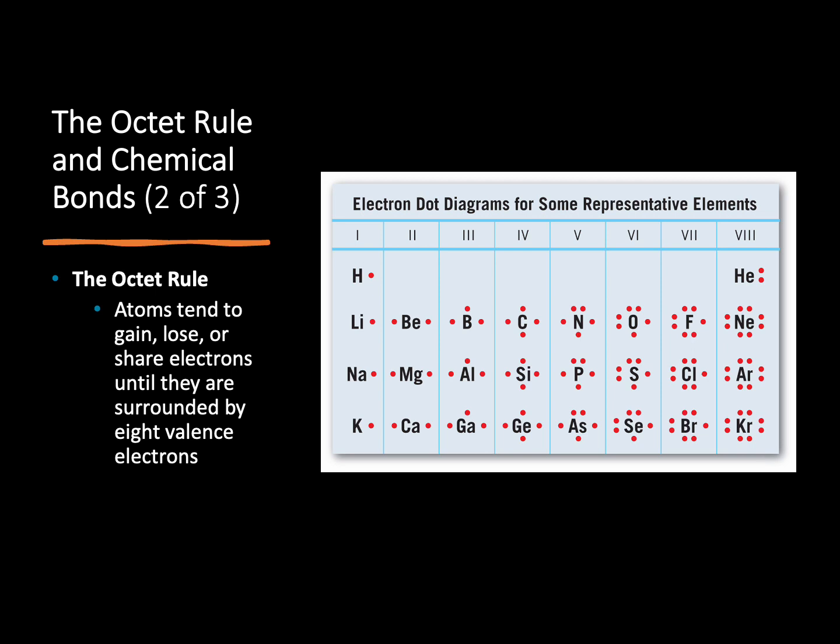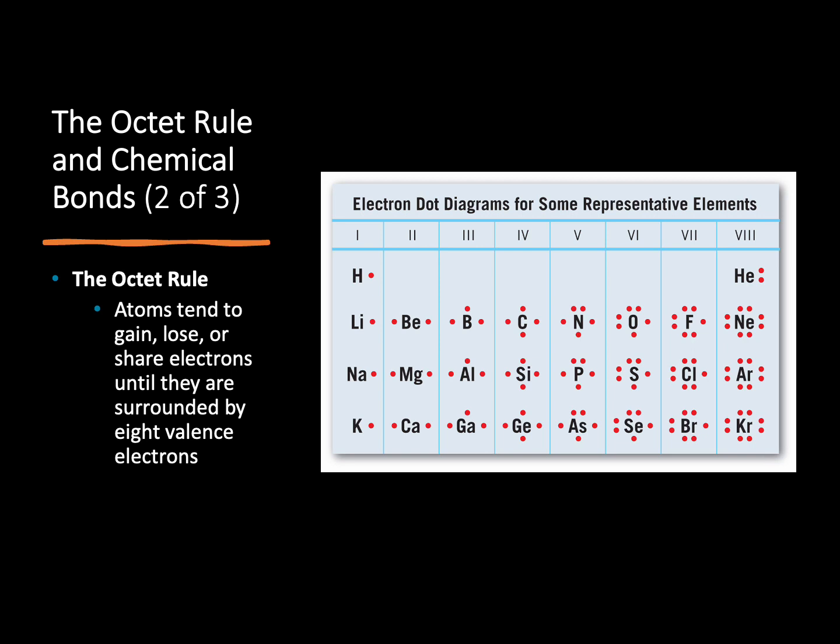So for some elements, like oxygen over here, because it has 6 electrons in its outermost shell, each electron represented by a red dot, it's going to be easier for it to take 2 electrons from another atom to become full and stable.